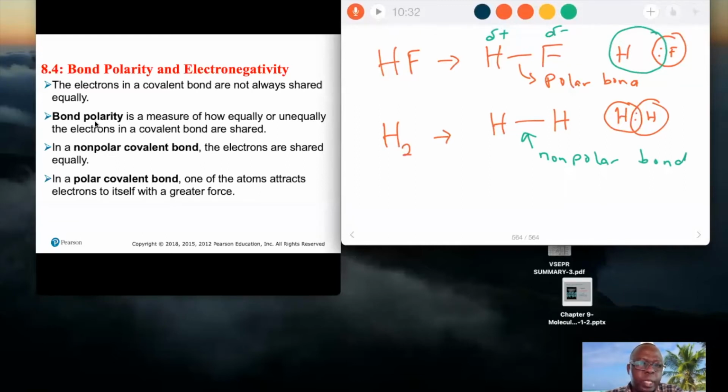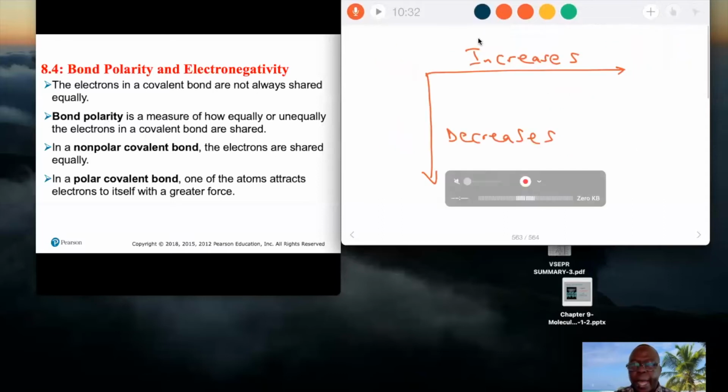So what determines this has to do with the position of an element on the periodic table. If you use this criteria, you can tell which portion of the molecule has high electron density compared to another portion based on the position on the periodic table.